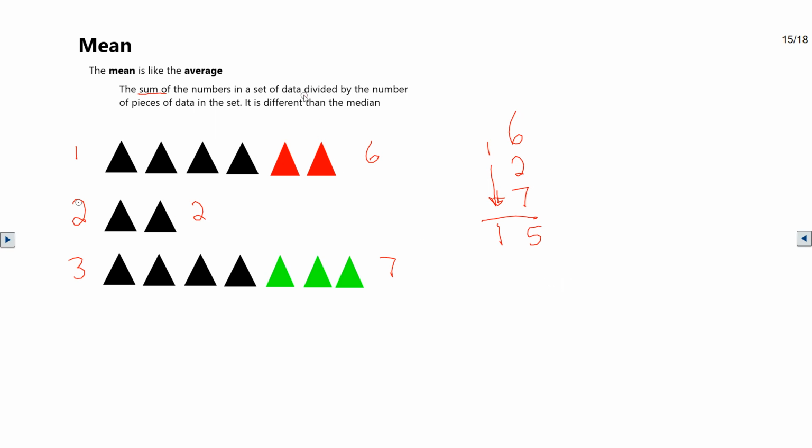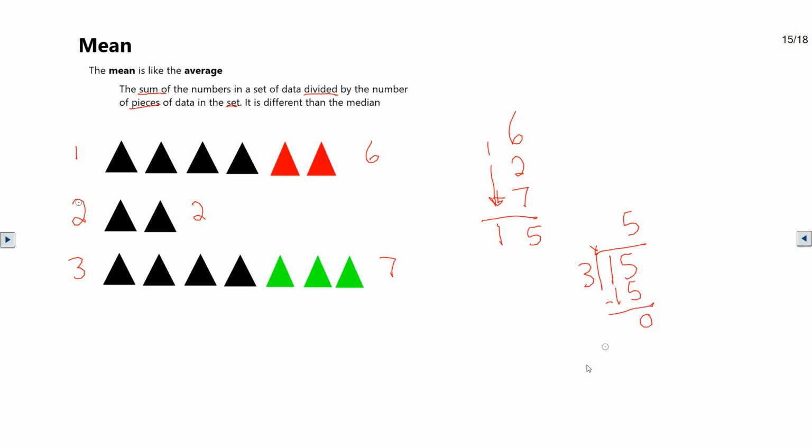Then what are we supposed to do? We're supposed to divide by the number of pieces or sets. How many sets? 1, 2, 3. So we're going to take 15 and divide it by 3. How many times can 3 go into 15? 5 times, because 5 times 3 is 15, and it is even.